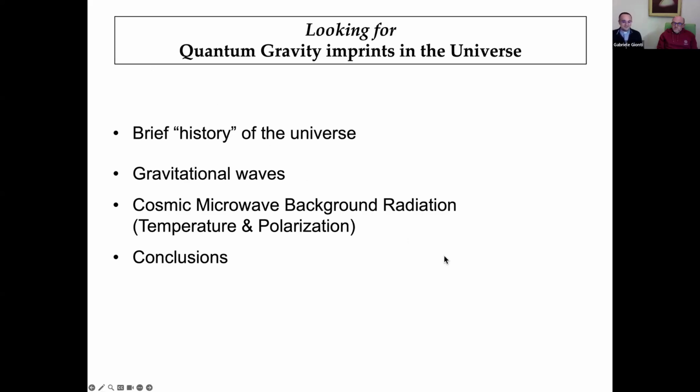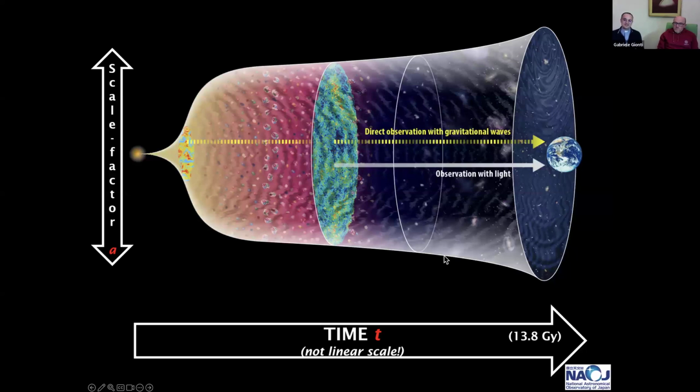But let's start with this slide. Probably you are familiar with this one slide history of our universe. You see on this axis time, not in linear scale, from the initial singularity to today, 13.8 billion years after the singularity.